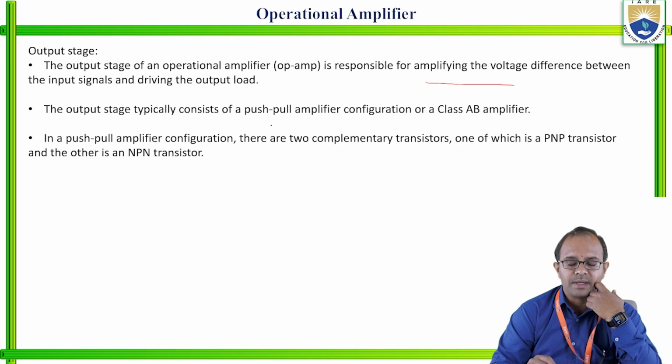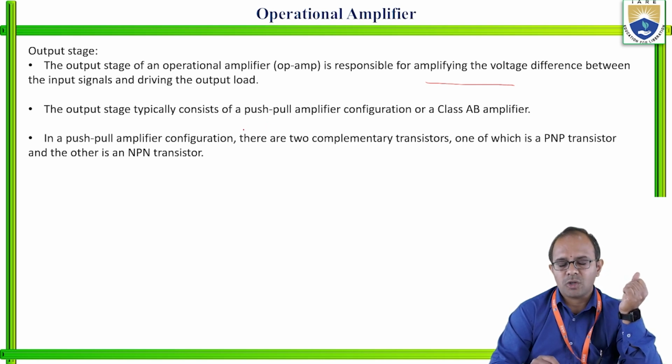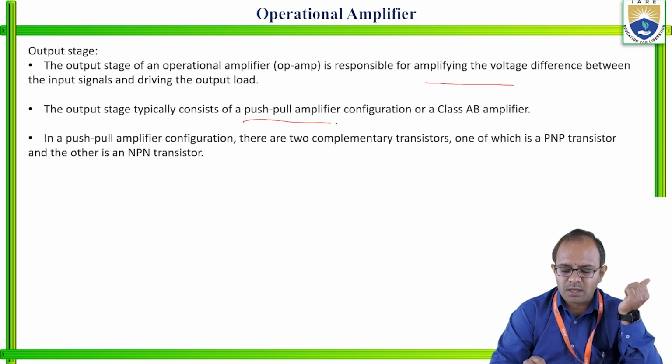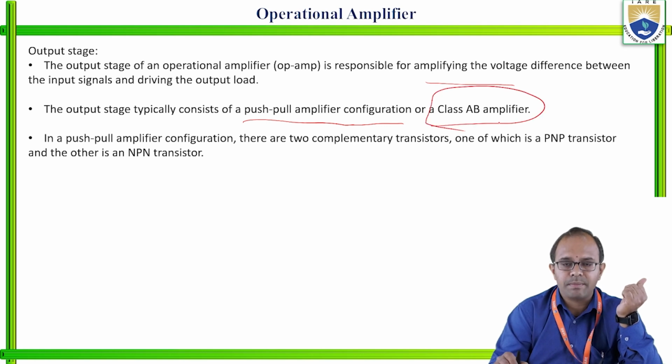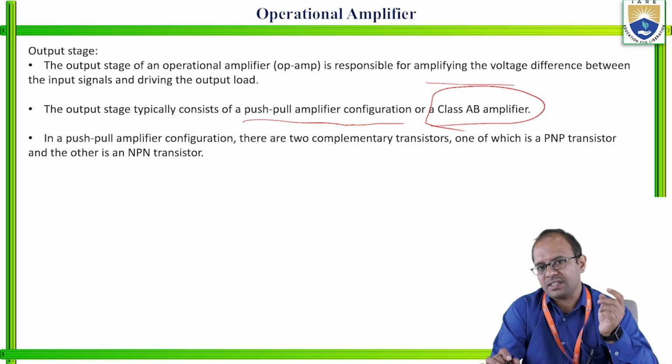The output stage is preferably a large signal stage, and it consists of a push-pull amplifier configuration, or class AB. Class AB is nothing but a large signal amplifier stage. So it is not small signal, it is strictly a large signal stage.